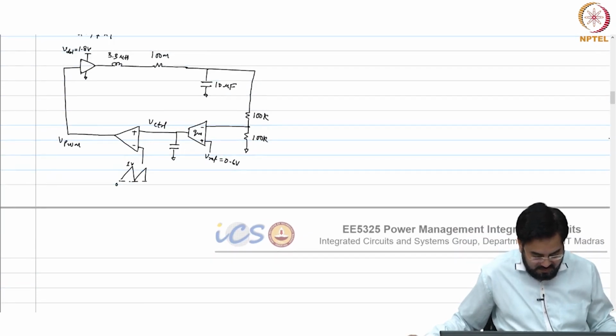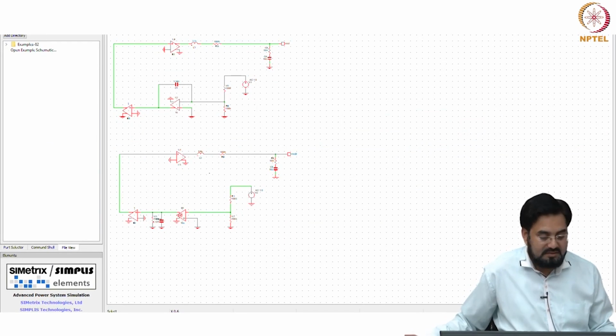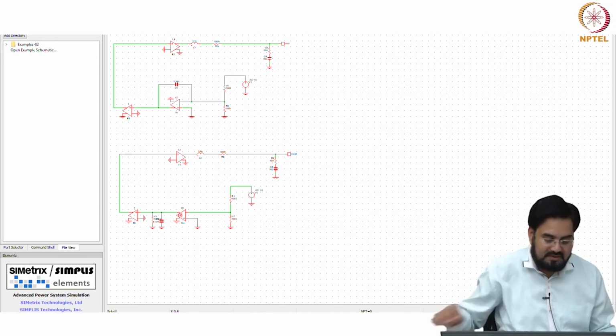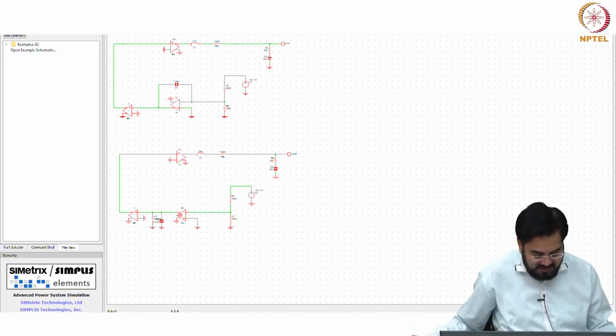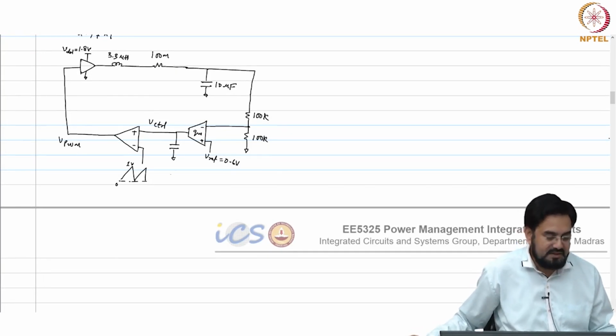So, this same thing I have put in this simulator. I have replaced this with the 1.8 volt, looking at a continuous time. So, what we have drawn here is the switching circuit. You have to replace this modulator with the gain.